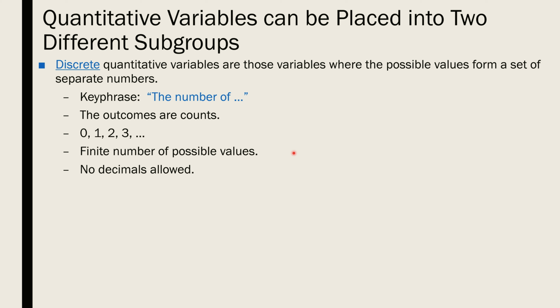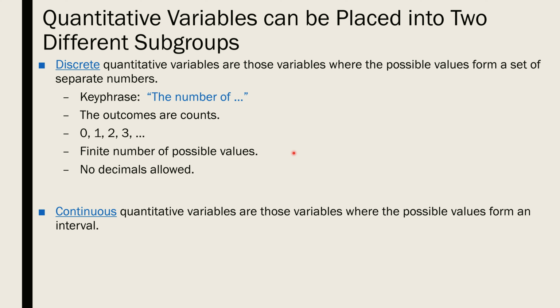The key phrase will be "the number of." The outcomes are counts, for example, 0, 1, 2, 3. A discrete quantitative variable has a finite number of possible values. There should be no decimals in discrete quantitative variables.